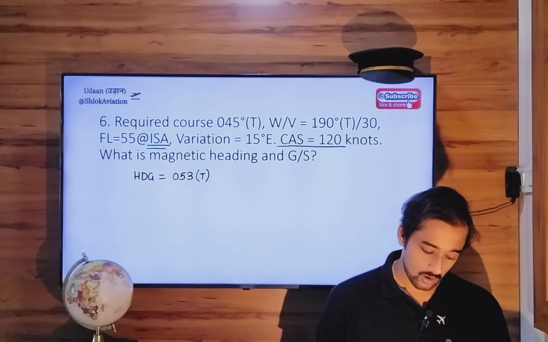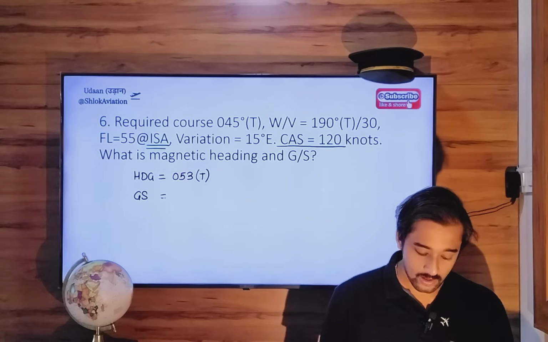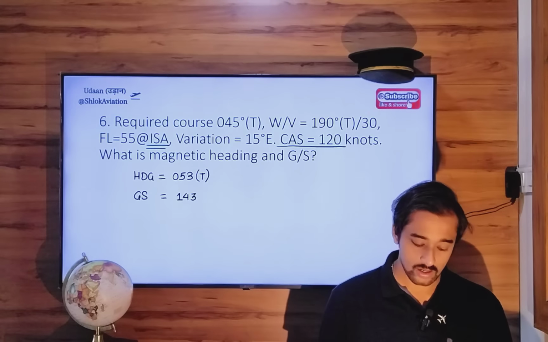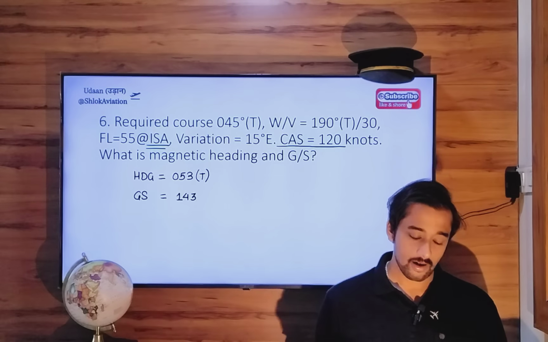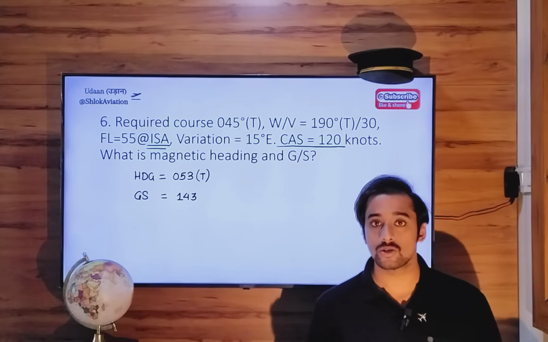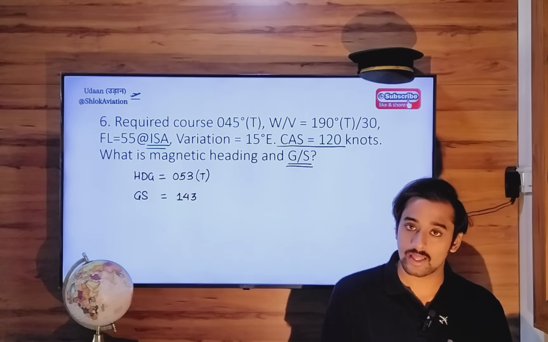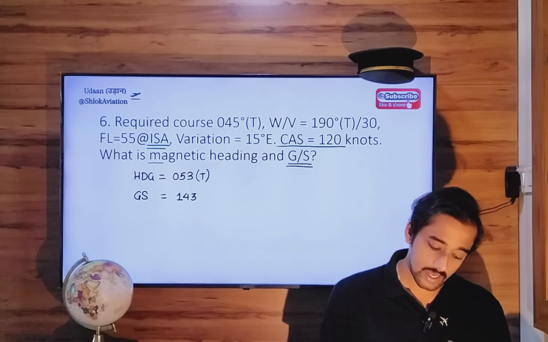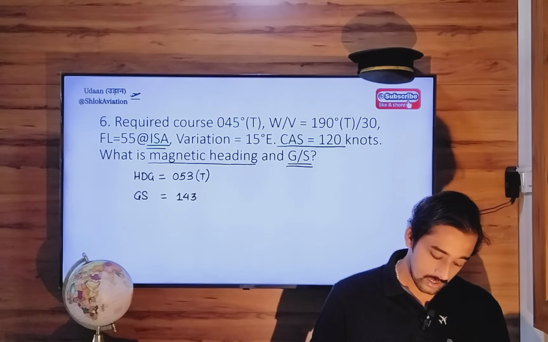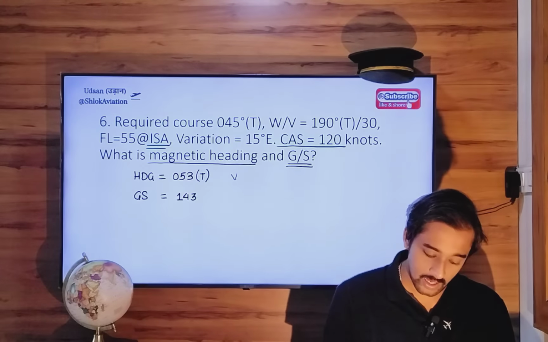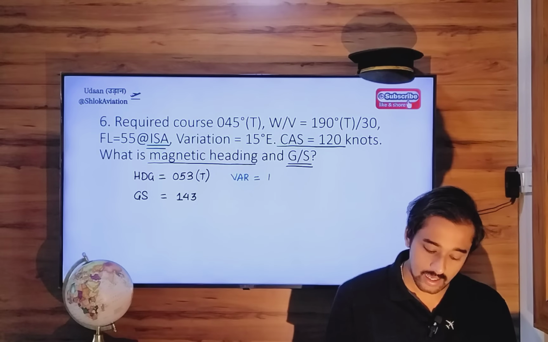A ground speed of 143 knots. Now we have found the heading, but with respect to the true north datum. Ground speed is 143, so we are done with that. Now we have to convert this true heading into magnetic heading. We will do that using variation. Variation is 15 degrees east.